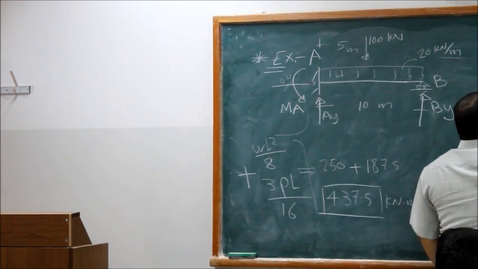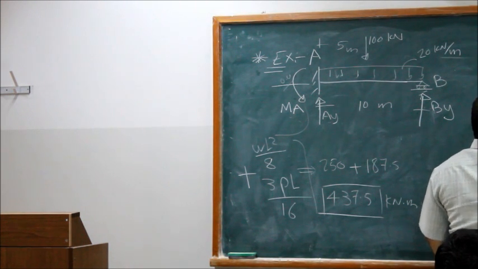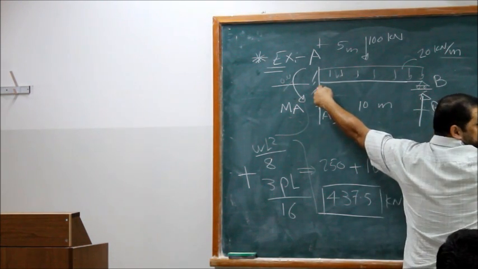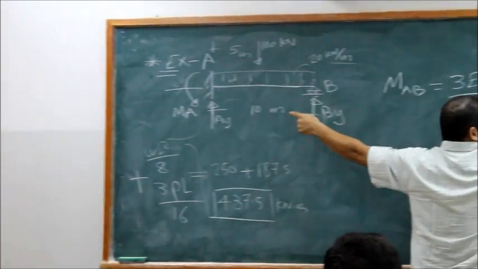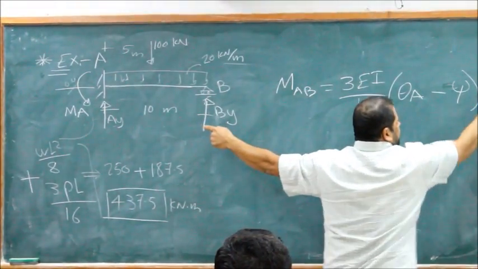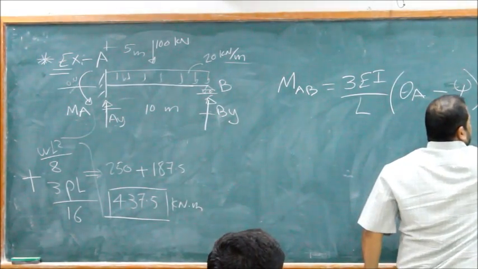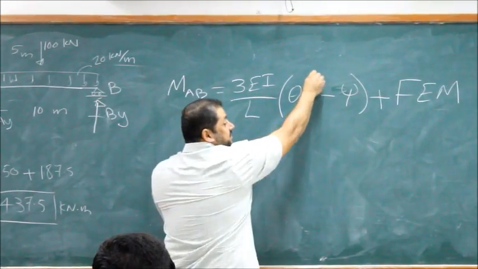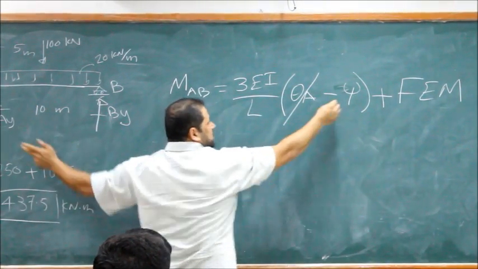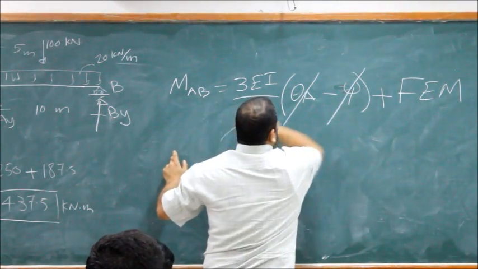MAB equals 3EI over L theta A minus psi plus FEM. What's theta A? 0, fixed. What's psi? 0. So this is gone.